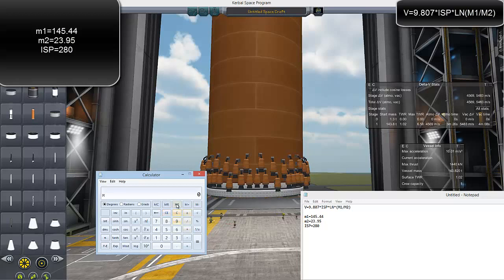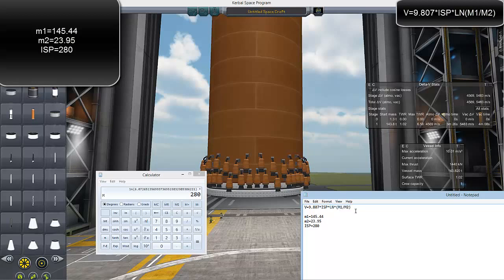So let's do this again, so I can have the number and the L1 again, just trying to do a recap in case I went too fast. Times that by the specific impulse. It doesn't matter if you want to times the specific impulse first at this point. Just remember, do this first, the ln times m1 divided by m2.